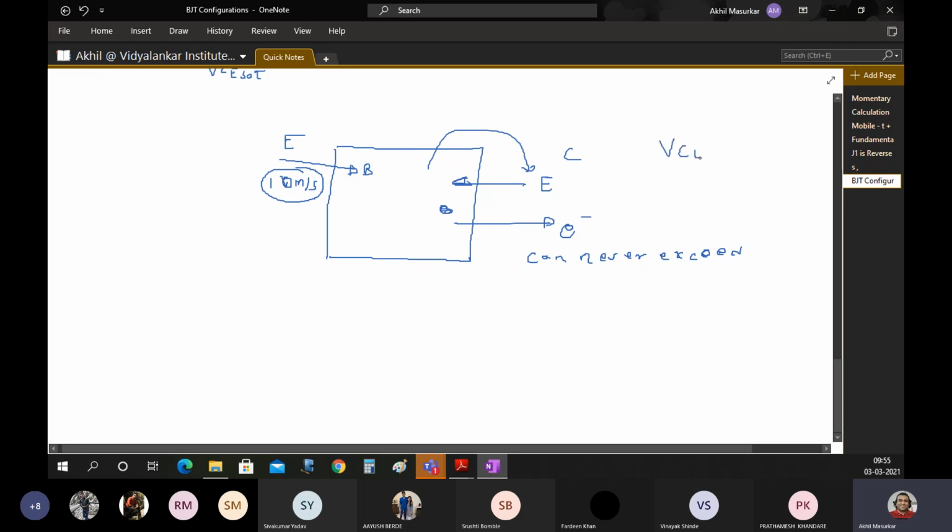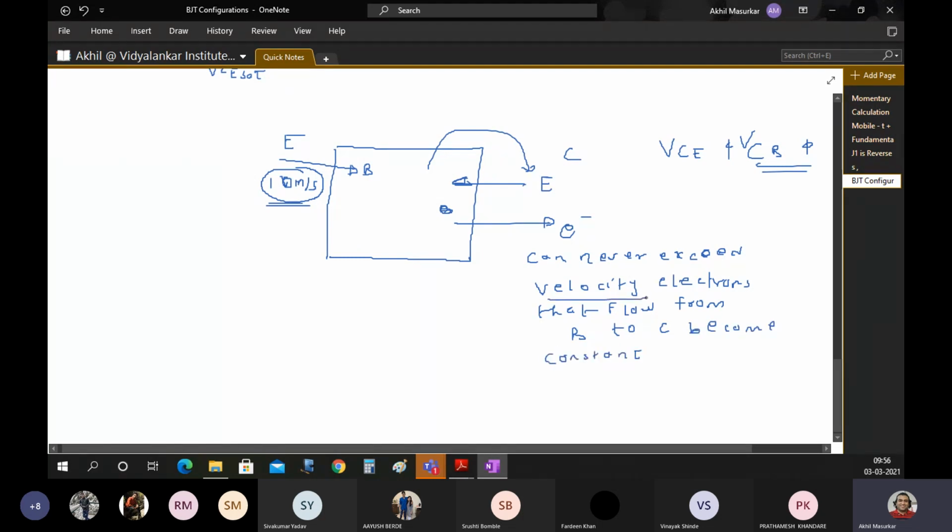So if you increase VCE, your VCB also increases, but this increase is okay till a certain point, but when it crosses this value, the velocity of electrons that flow from base to collector becomes constant.